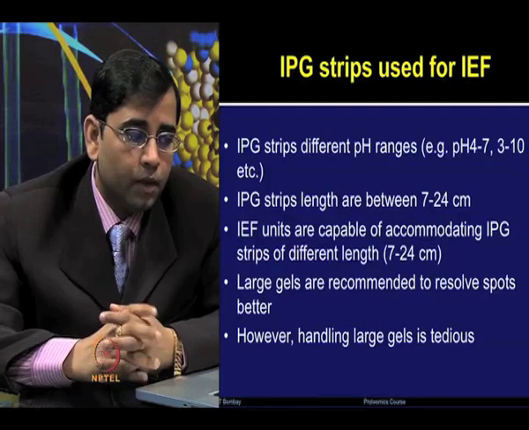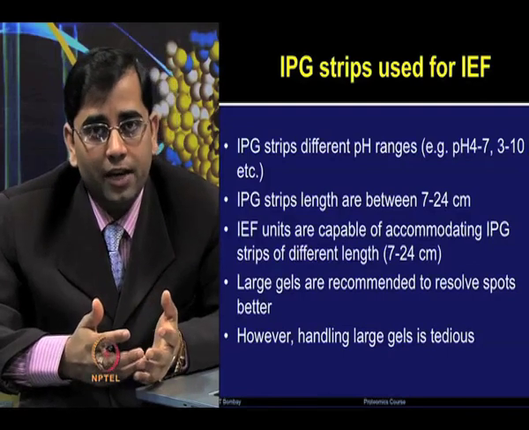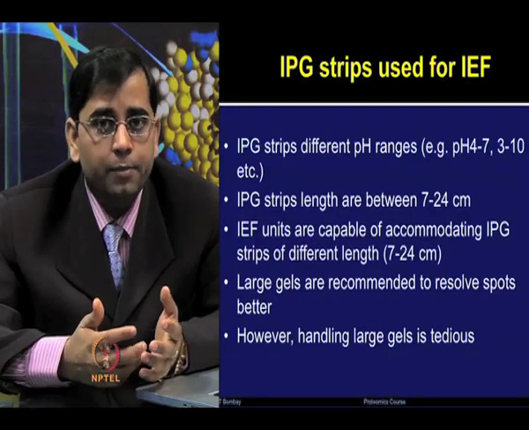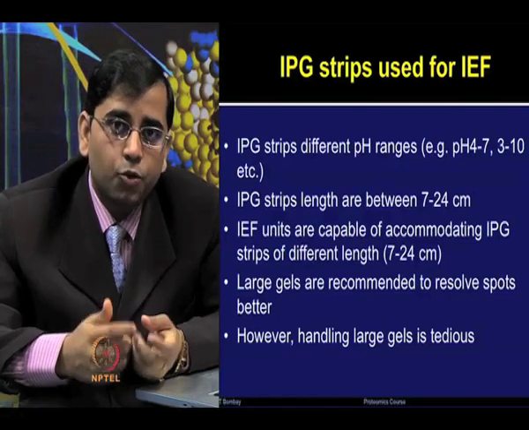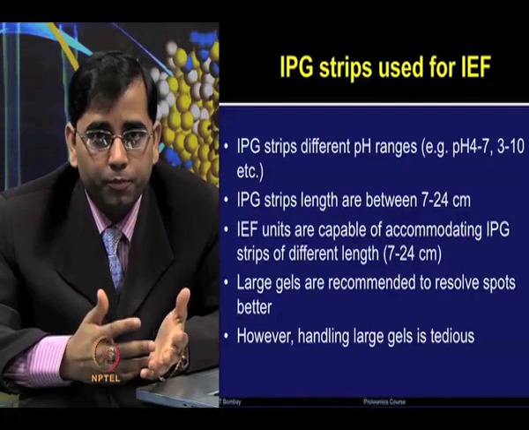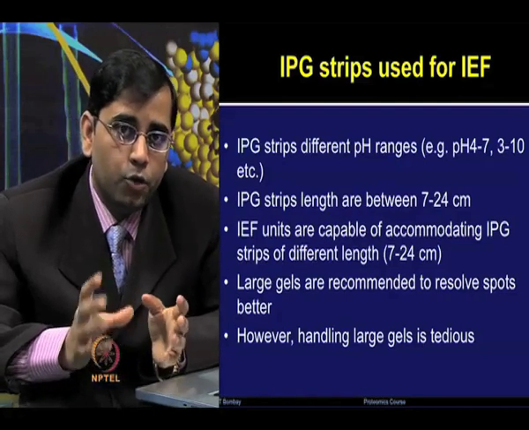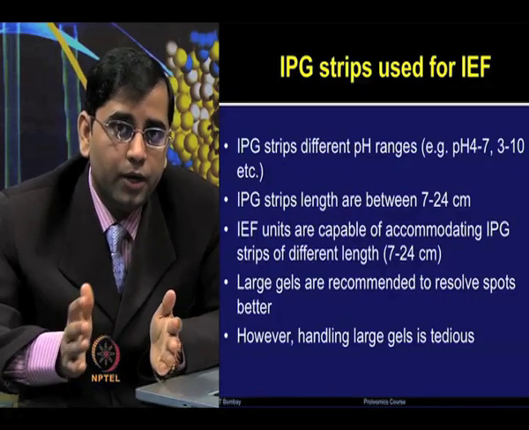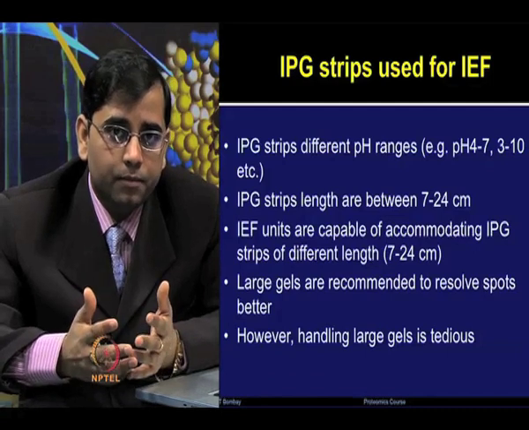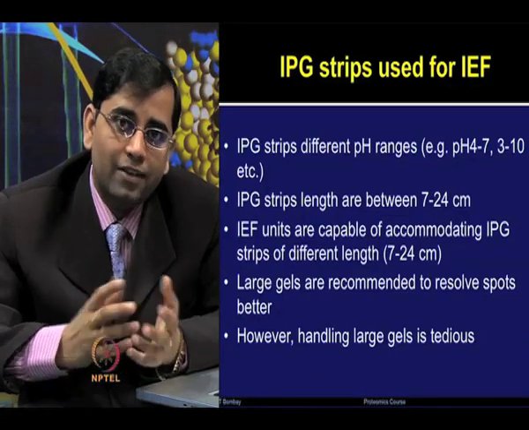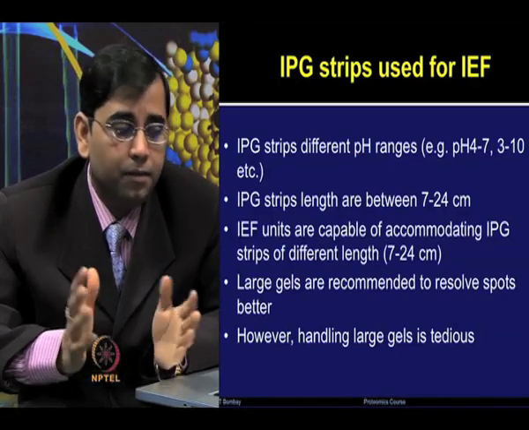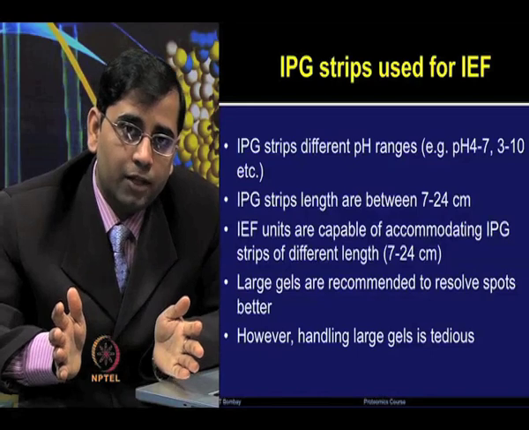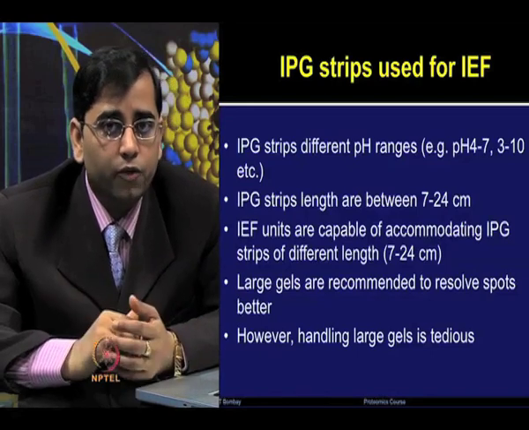Now, when you are optimizing a protein extraction protocol, it is better if you use a small strip so that you know that your IEF process is going fine and your protocol is looking good. You can separate the proteins. Now, once you know that your extract is good, then you can apply that to separate the proteins in the long strip length, for example 17 or 24 centimeter.